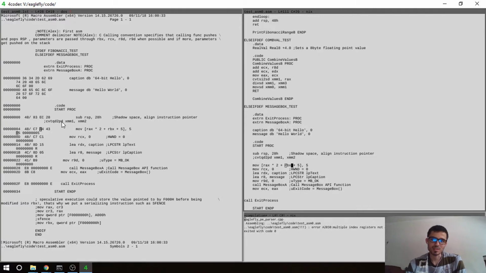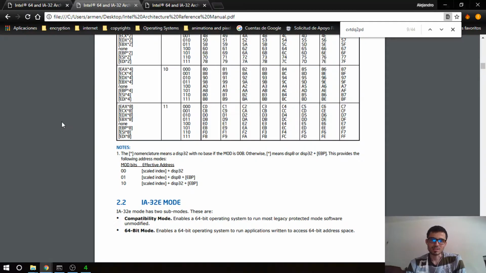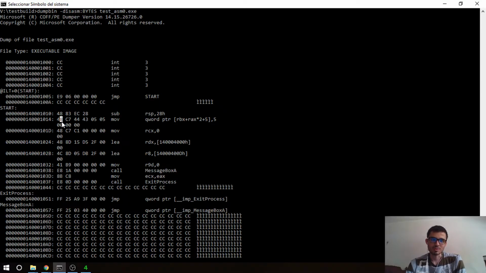And that's why it moved me. I mean, if you want to see it more semantically, you want to see this base, index, displacement. That's why the disassembler moved the RBX back onto the first place. That's cool.